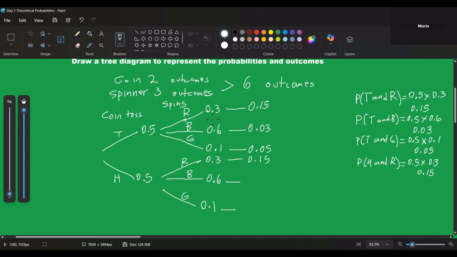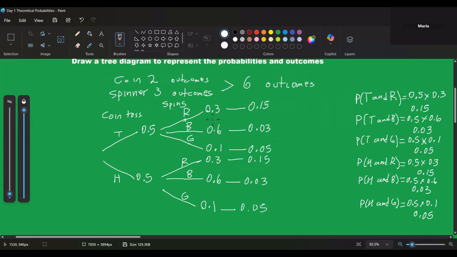Then the probability of a head and blue will give us 0.5 times 0.6, which is 0.30. Finally, the probability of landing on a head and getting green is 0.5 times 0.1. Again, we get 0.05. There you go.